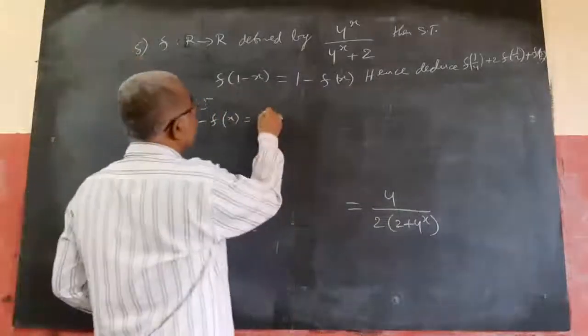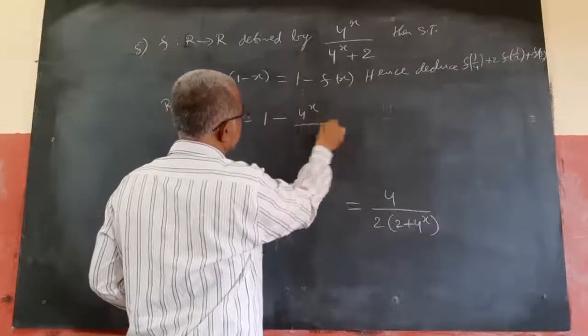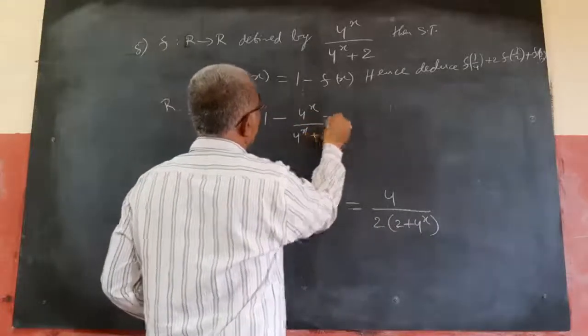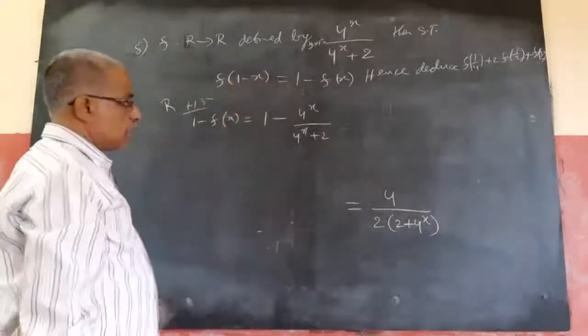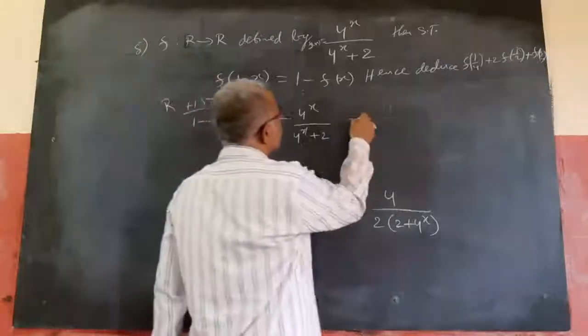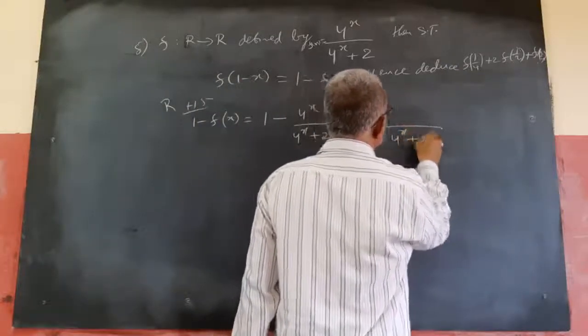That is 1 - f(x), where f(x) is 4^x / (4^x + 2). The LCM of these two is 4^x + 2.